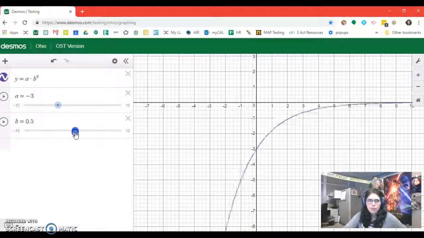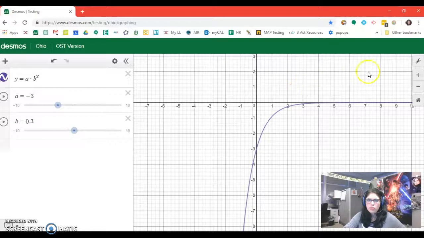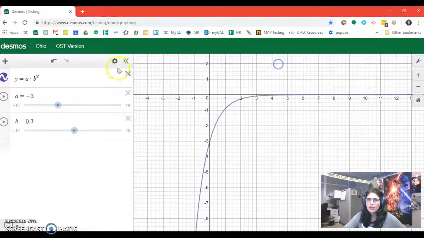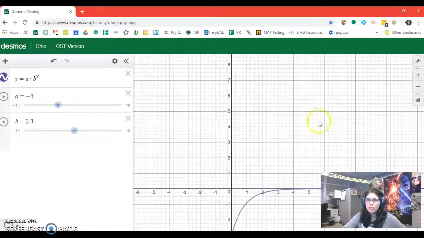And then when I make b in between 0 and 1, then it gives you this graph. So it is increasing, but then it gets closer and closer to the x-axis. So it's still increasing from left to right, but it's not growing off into way positive y values.